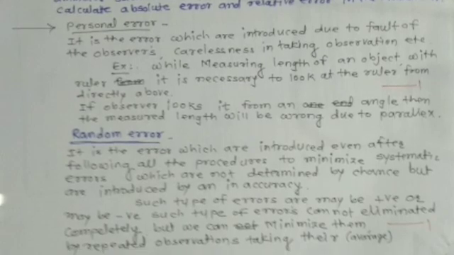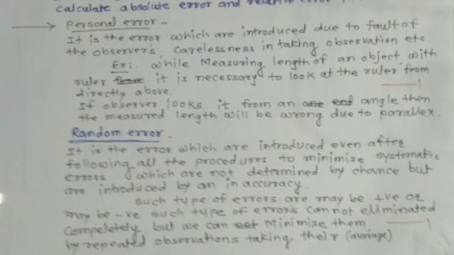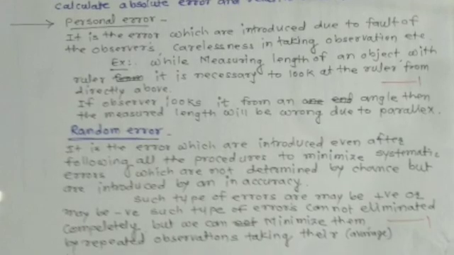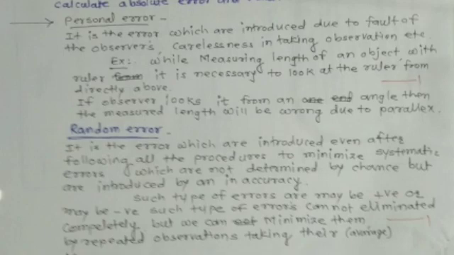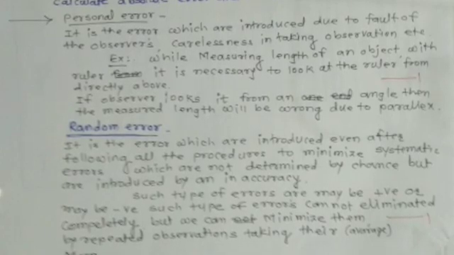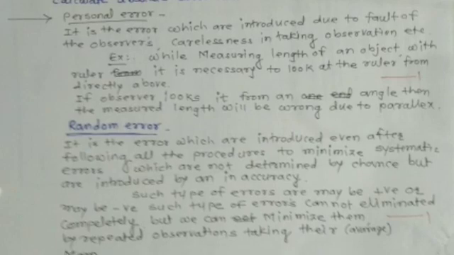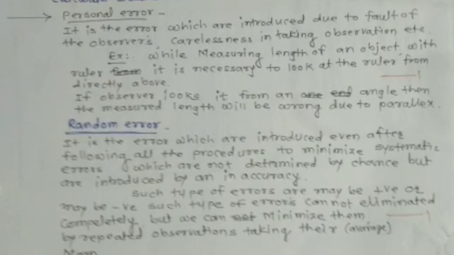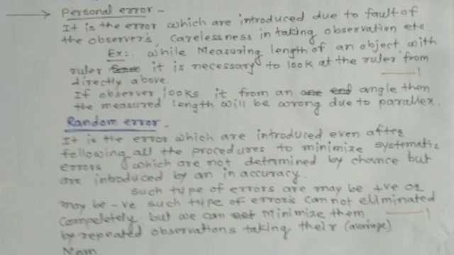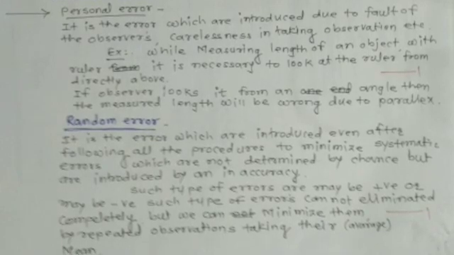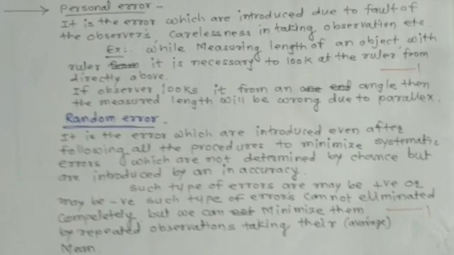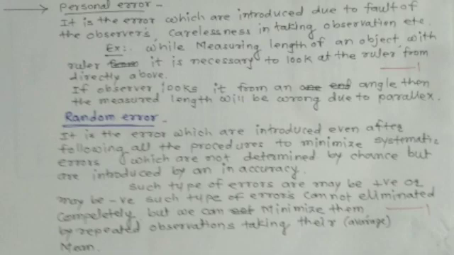Another error we can see is random error. It is the error which is introduced even after following all the procedures to minimize systematic error, not determined by chance but introduced by an inaccuracy.